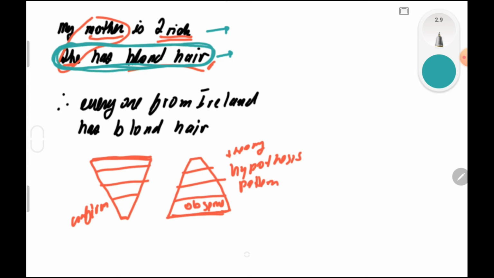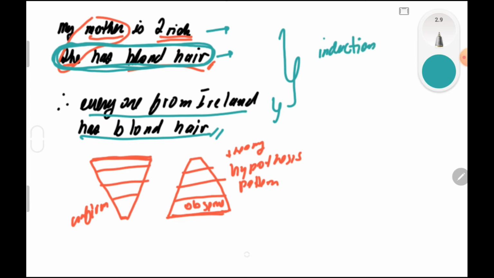Ito kasi observation to, di ba? She has blonde hair. So from that, ngayon since na-observe mo yung pattern na yung nanay mo ay Irish tapos may blonde hair, nagkaroon ng conjecture, or hypothesis, na everyone from Ireland has blonde hair. Okay, so this type of statement is induction.